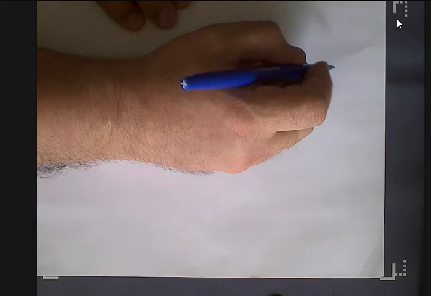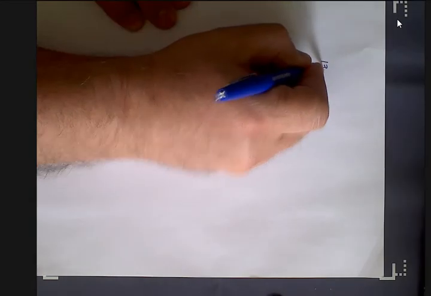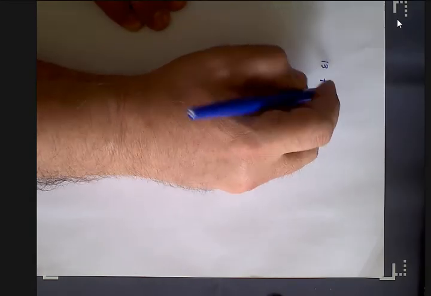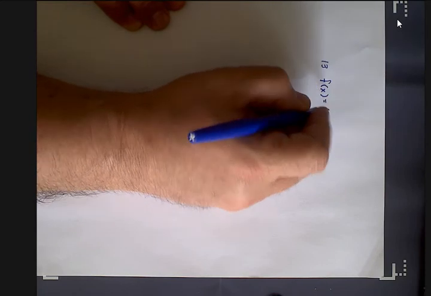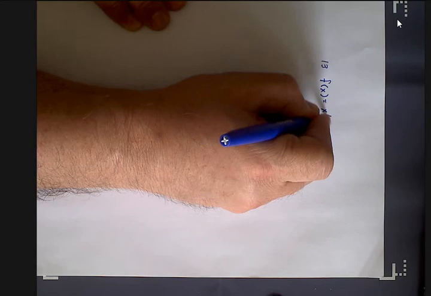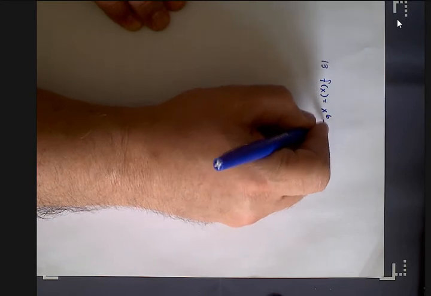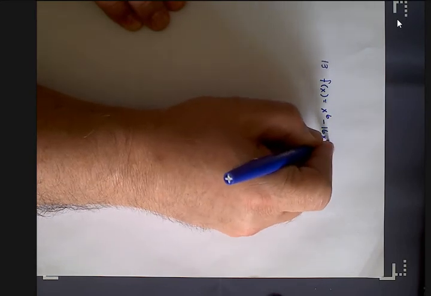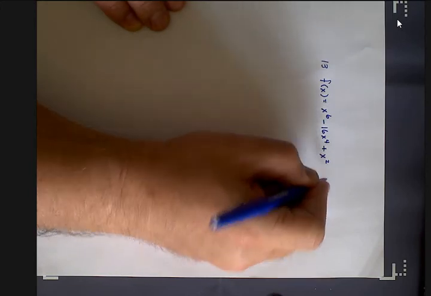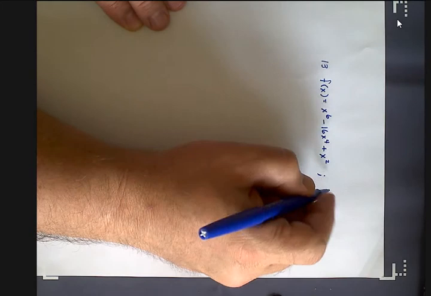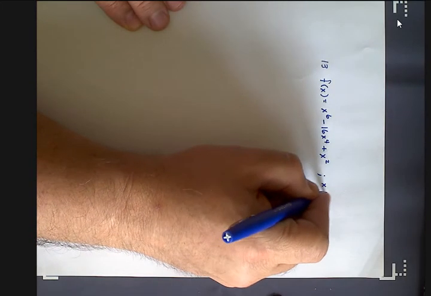Okay, so when we did synthetic division, this is problem number 13, and I want to take f of x equals x to the 6th minus 16x to the 4th plus x to the 2nd. And I want to see, can I divide that by x plus 4?